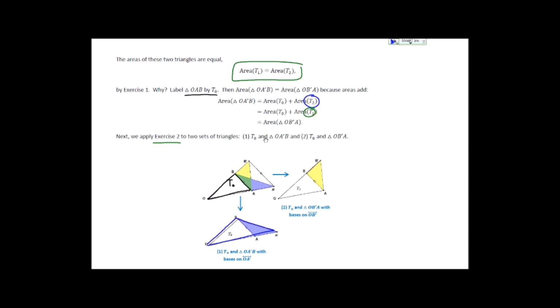So notice that these both have the same altitude, but they have a different base length down here. And so by the second exercise earlier, I know that the ratios of these areas must be the same as the ratios of the bases.